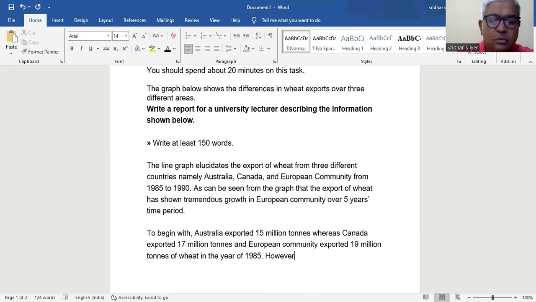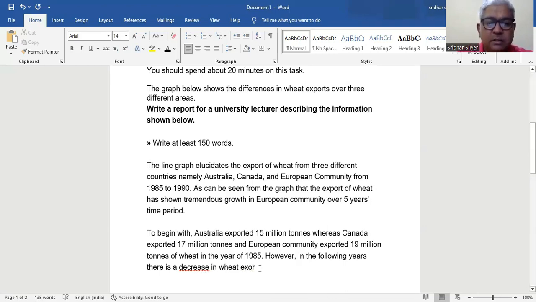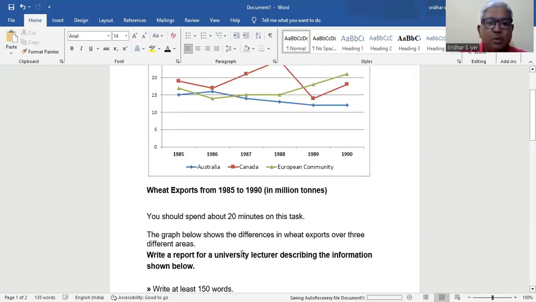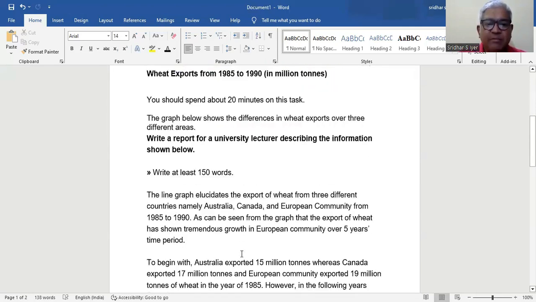However, in the following years, there is a decrease in wheat export in Canada, from 19 it came down to almost 17.5 million tons.